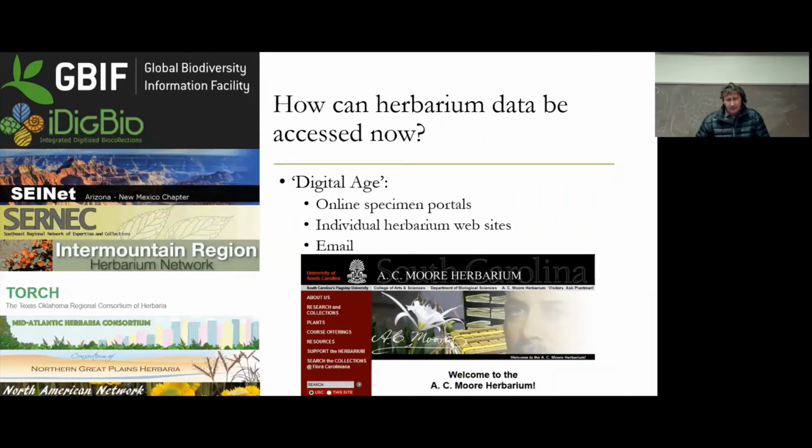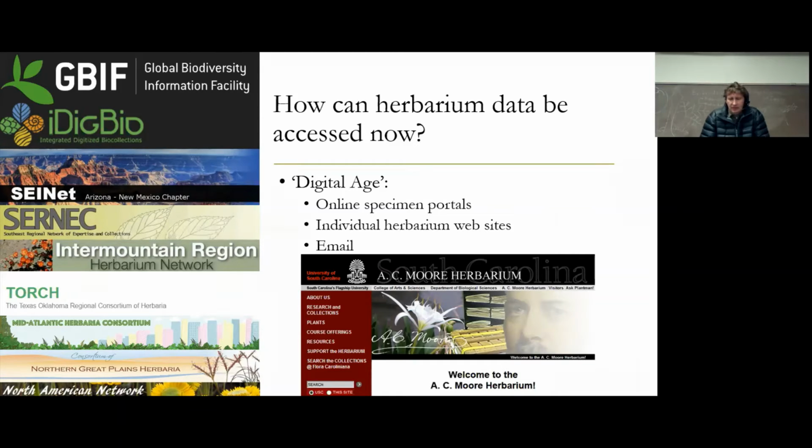So now the herbarium data can be accessed in a variety of ways digitally. On the top left are what we call data aggregators. GBIF is a global facility that aggregates data from all over the world, and they incorporate a variety of biodiversity collections as well. So they're not limited to just herbarium specimens.